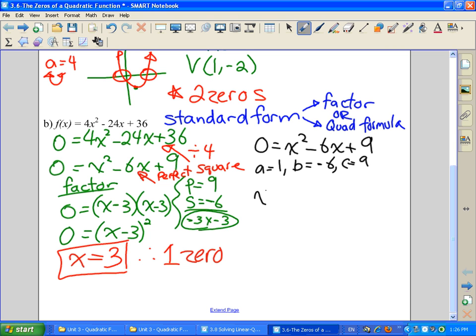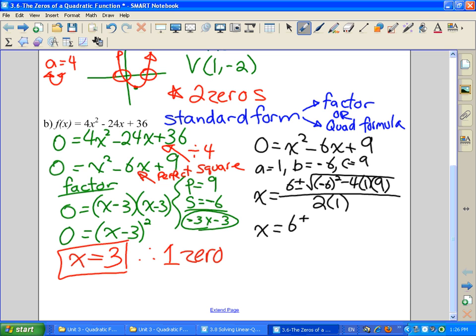Plug it into your formula, and you should have 6 plus or minus the square root of -6 squared minus 4 times A, which is 1, times C, which is 9, all divided by 2 times 1. Simplify that expression. You're going to have 6 plus or minus, and if you simplify inside the bracket, you're going to have the square root of 0 divided by 2.